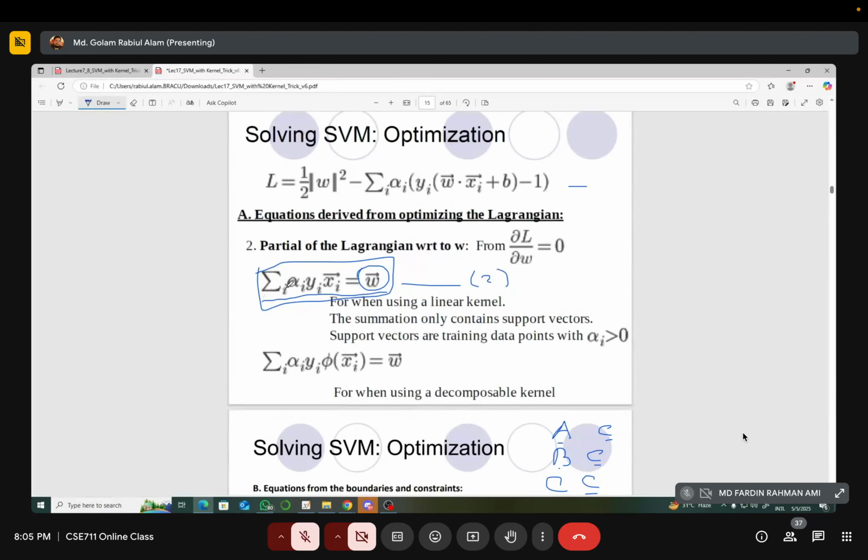It means the summation of alpha i, yi, xi equals w. So it means it will be alpha i. Alpha i is alpha a, and then yi is ya, and xi.